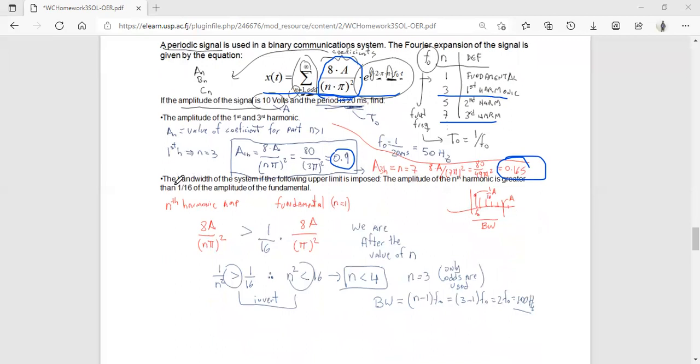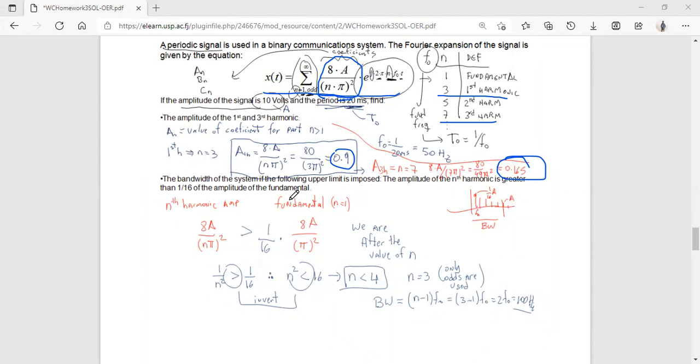Moving on to the second part of this question, it says: find the bandwidth of the system if the following upper limit is imposed: the amplitude of the nth harmonic is greater than 1/16 of the amplitude of the fundamental frequency.